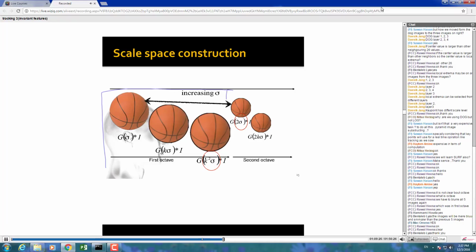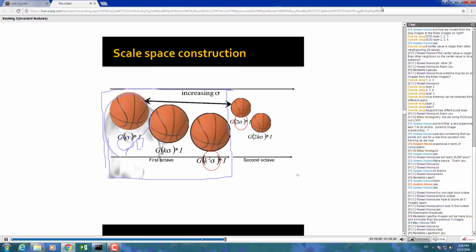Let's consider this case. For the first octave, in this picture, the left balls are like basketballs. We have 3 big basketballs, and this is one octave. We start from the first Gaussian image of the big ball, the first one on the left.